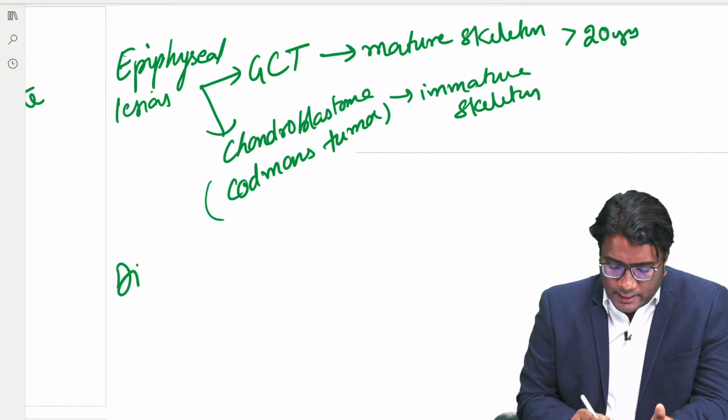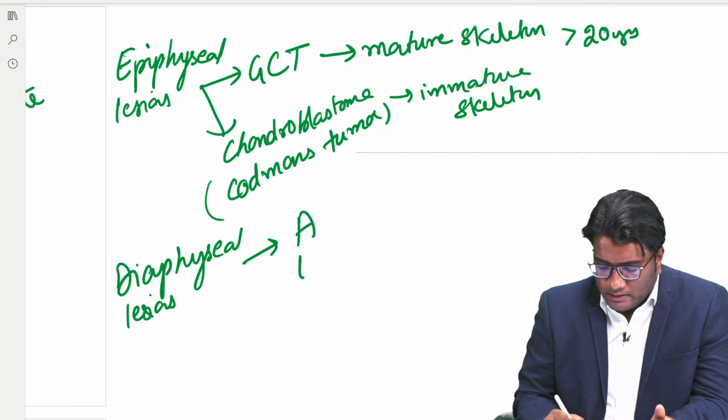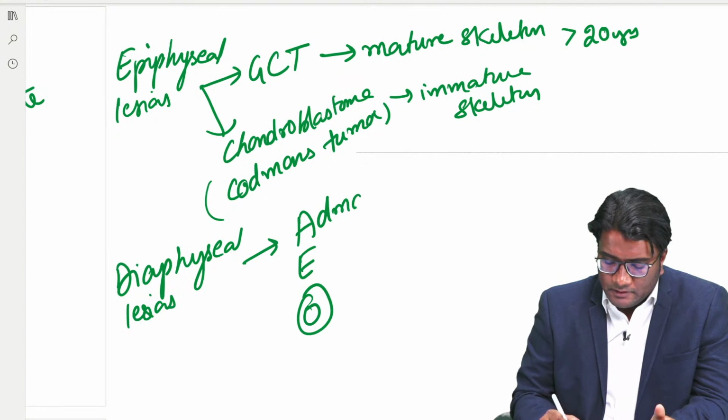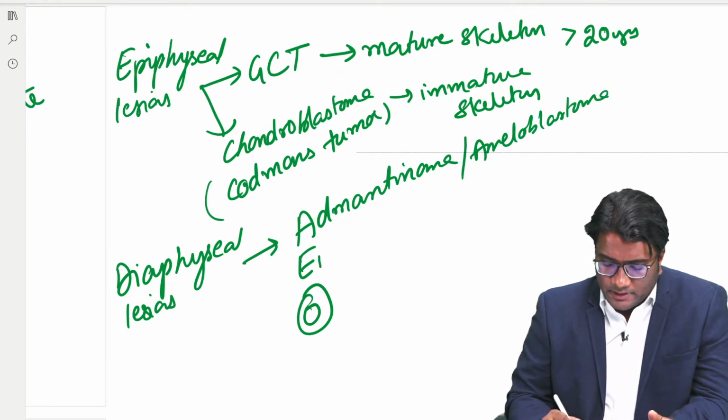Can you tell me what are the diaphyseal lesions? Diaphyseal lesions, AEO, double O, right? Adamantinoma, also called ameloblastoma, especially in the mandible, right? Ewing sarcoma. And why did I write this O like this?